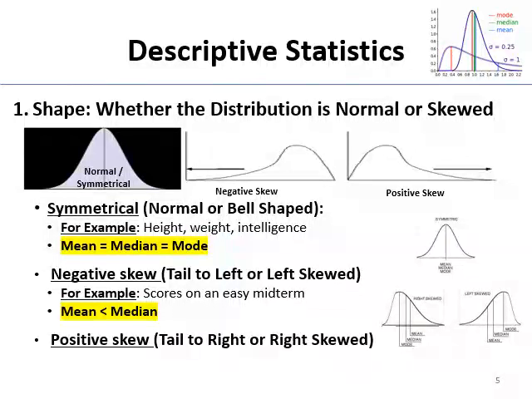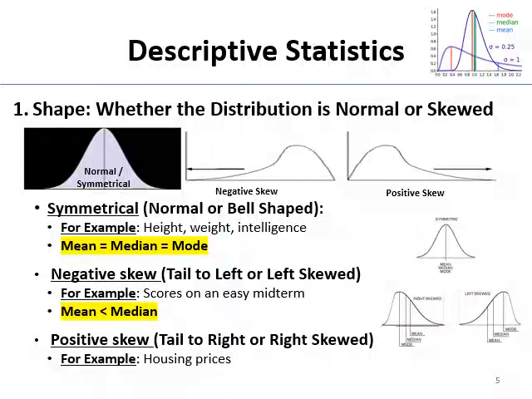Positive skew is the opposite of that, where you've got a tail to the right, or right skewed. So housing prices are like this. Most folks have houses that are somewhere between $250,000 and $500,000. But then the distribution just sort of trails off for a long time because you've got millionaires and billionaires and folks who have very, very expensive houses.